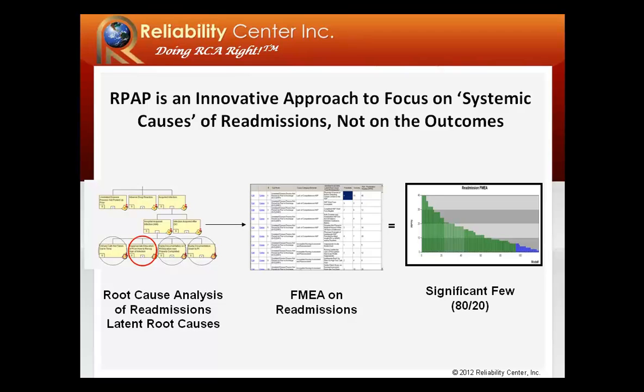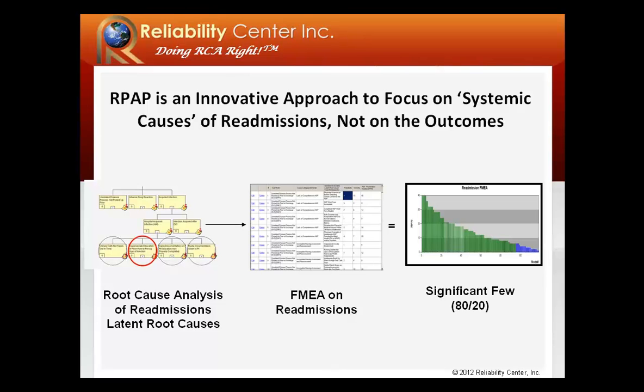So the approach we're going to take here is to conduct a deep drill-down root cause analysis to the point of understanding why people make bad decisions that lead to 30-day readmissions. We're then going to take those identified root causes and put them into an FMEA format, which is an unconventional use of FMEA, but nonetheless it works.